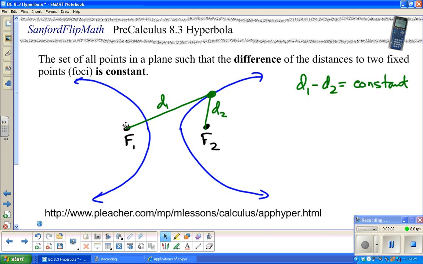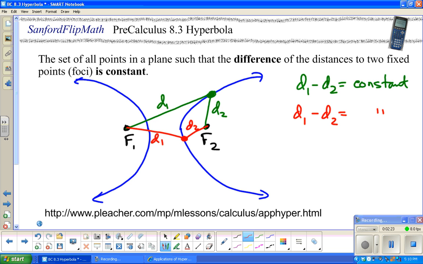Then if I do that from some other point, it could be right here, I'm going to call these D1 and D2. These are red distances now, so these two values are different from those green values, but their difference is that same constant. And just one more: if I picked one over here, it doesn't matter which branch, if I subtract D1 minus D2, I will get the same constant.